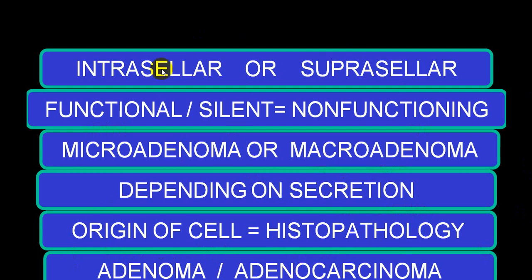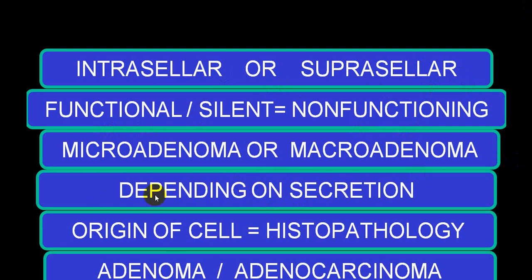So you can have an intrasellar tumor, suprasellar tumor. Functioning tumor means it is secreting some hormone. Non-functioning tumor means it is not secreting any of the hormones. Size wise, micro and macro. Depending upon the secretions, suppose if it is secreting prolactin, prolactinoma, that way.